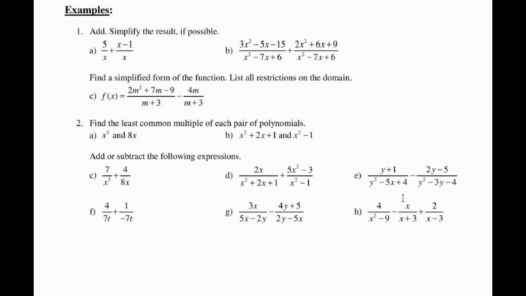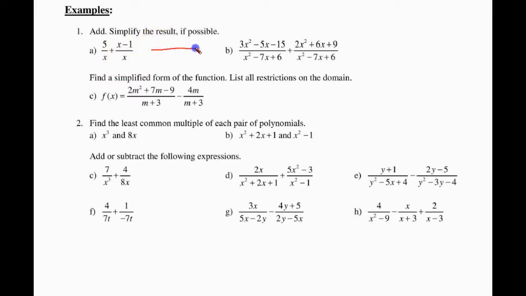Now in example 1, they want us to add and simplify. The word simplify is critical here because, again, you may have the right answer, but if you don't simplify it, reduce it, and cancel out where you can, they will count it wrong. So we have the same denominator here.